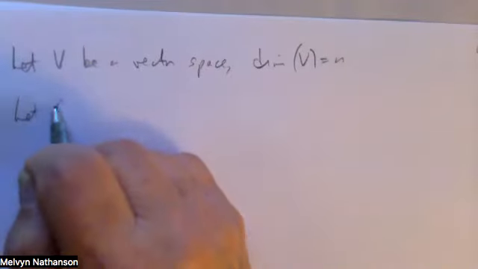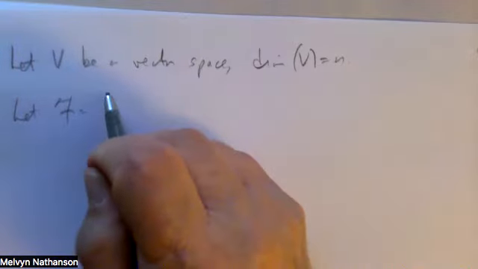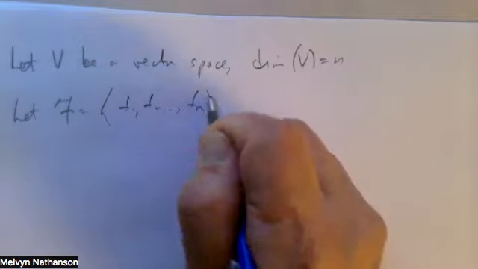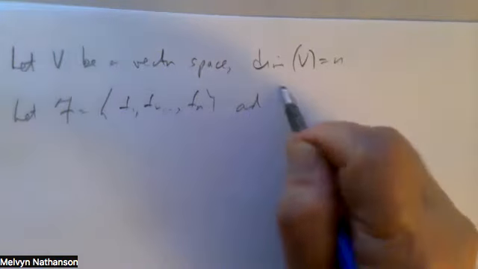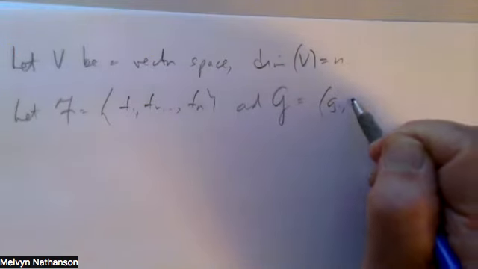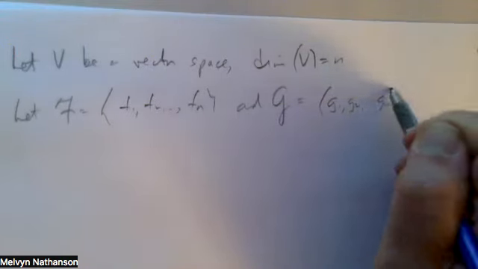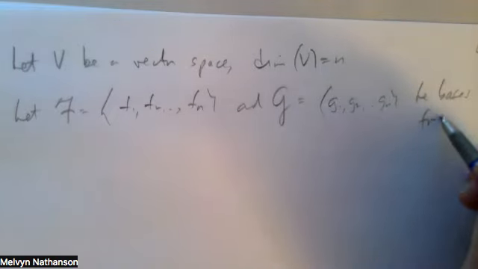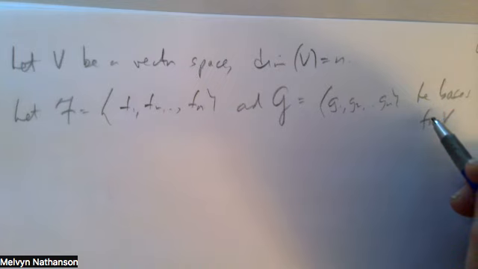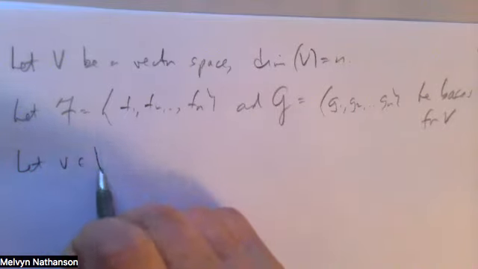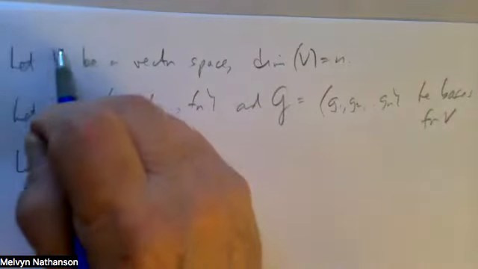Suppose we have F be this ordered sequence of vectors F1, F2 up to F sub n, and G, another sequence of n vectors, G1, G2 up to G sub n, be bases for V. Now, let v be any vector in the vector space V.